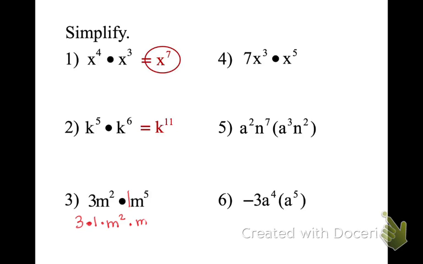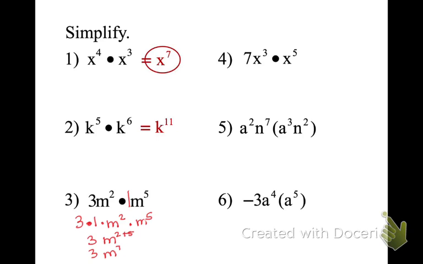Like bases with like base. So the base of the 2 is just the m. It doesn't include the 3 because there's no parenthesis. Okay, so 3 times 1 is 3. You should be writing this example down. And m to the 2nd plus the 5th. So it's 3m to the 7th.